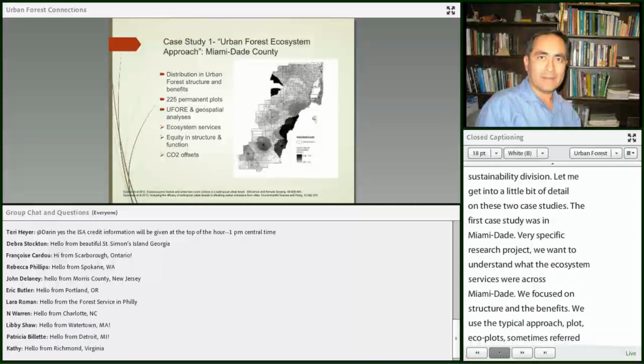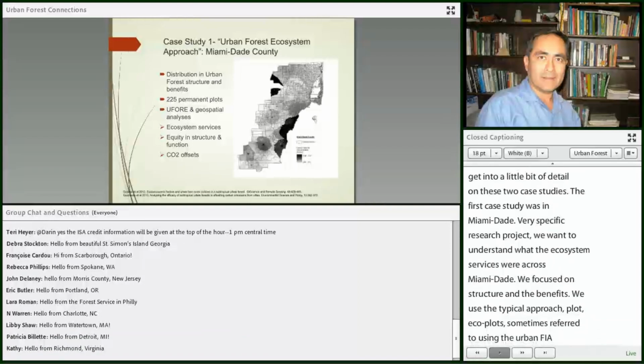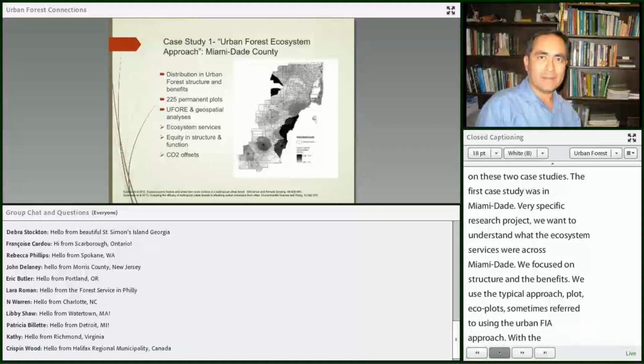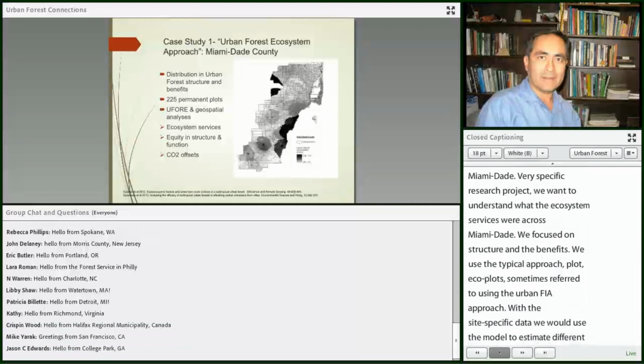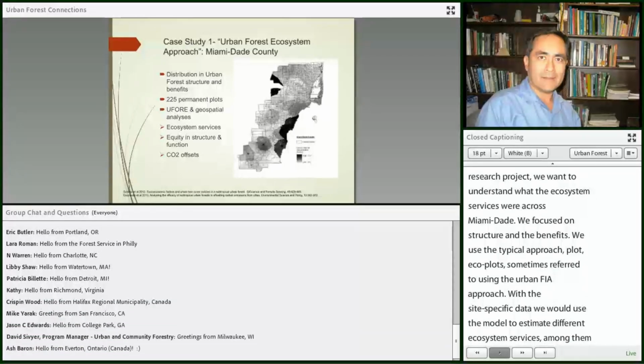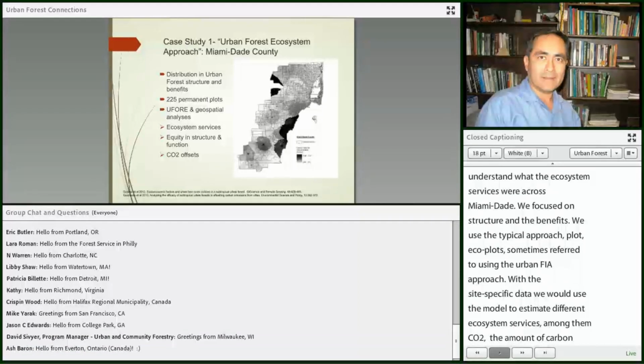But with this site-specific data, we were able to model and estimate different ecosystem services, among them carbon dioxide offsets, sequestration, the amount of carbon that's sequestered by the urban forest in Miami for that specific year we analyzed.